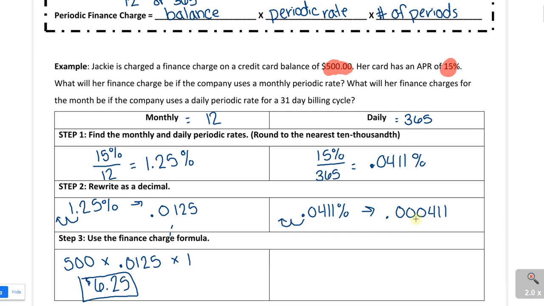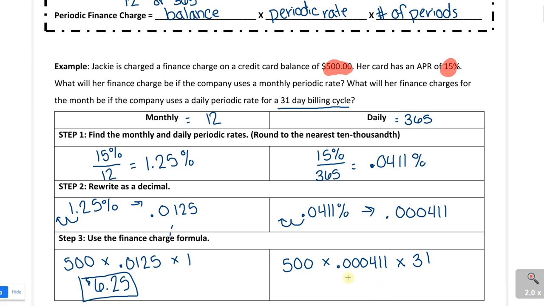Now we need to use the formula. Take your balance, $500, multiply it by your periodic rate, 0.000411, times the number of periods. Here it tells you for a 31 day billing cycle, so we multiply by 31.